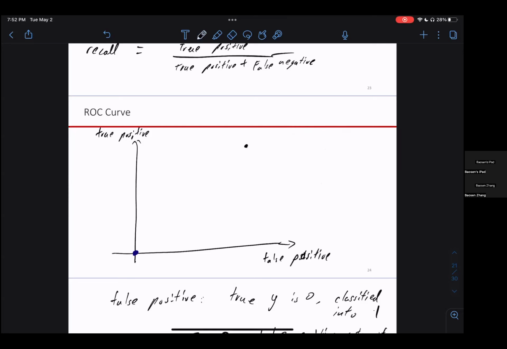Then what happens if you randomly flip a coin and pick whether to output 0 or 1, that is, which dumb classifier you use? You can achieve every point on the line between these two points. This is 1, 1. This is 0, 0.